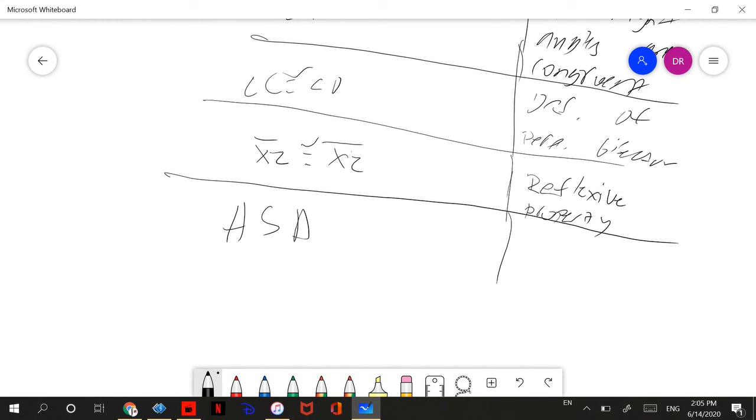So we would say that these two triangles are congruent.